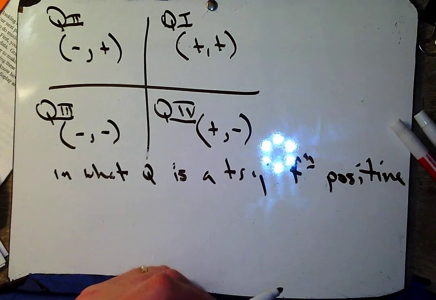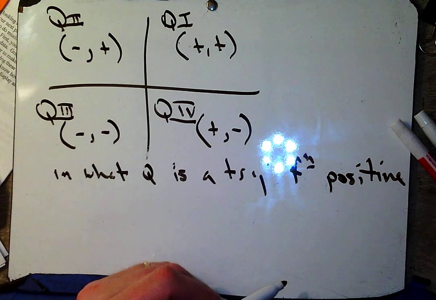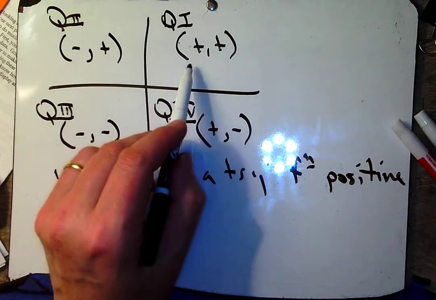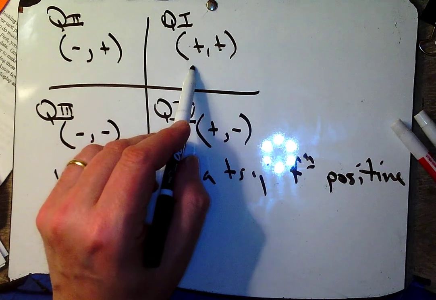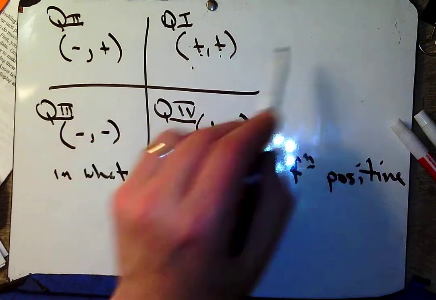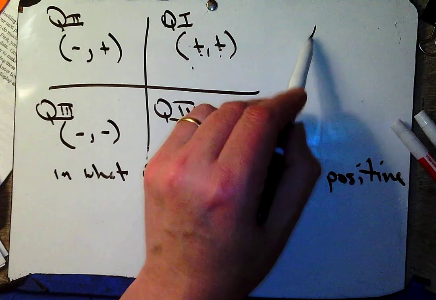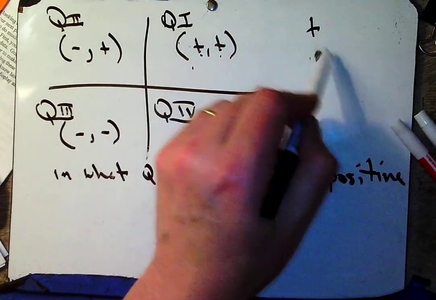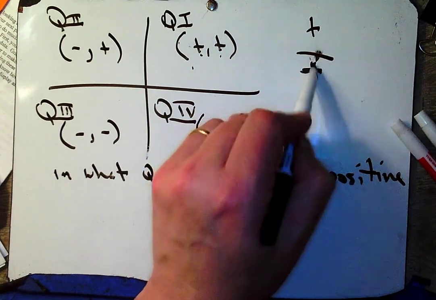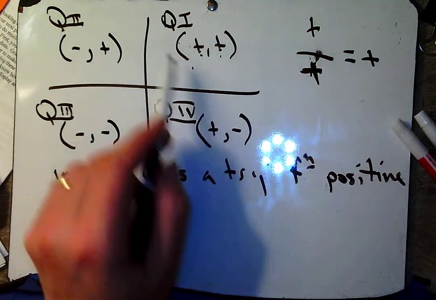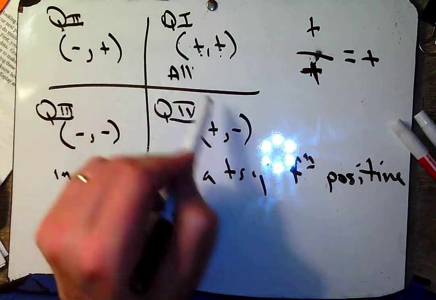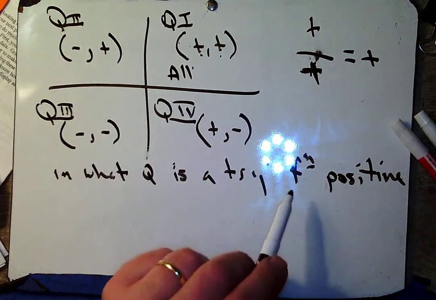And what do I mean by that? Well, remember that all of them are positive here, because both the x and the y are positive, and since tangent is y over x, plus over plus equals plus, all trig functions are positive here in first quadrant.